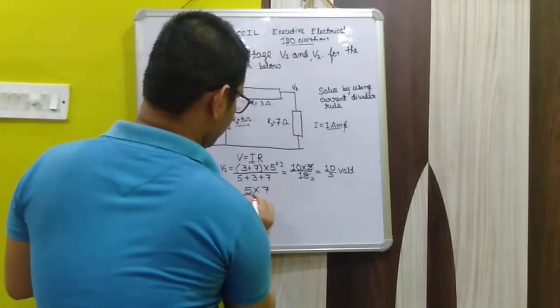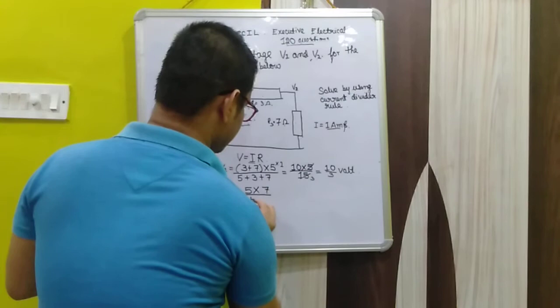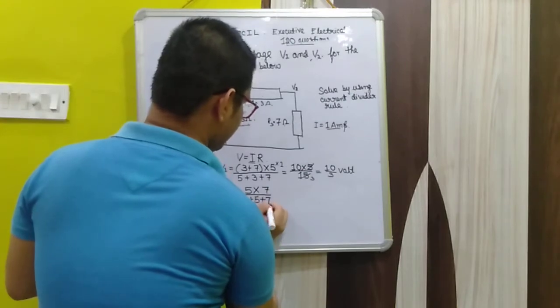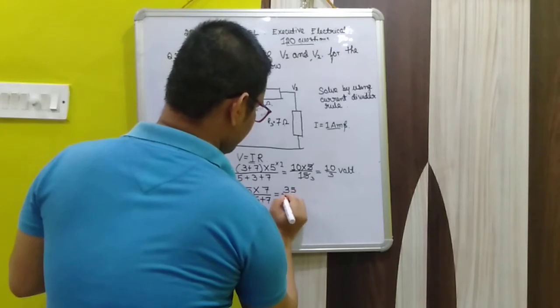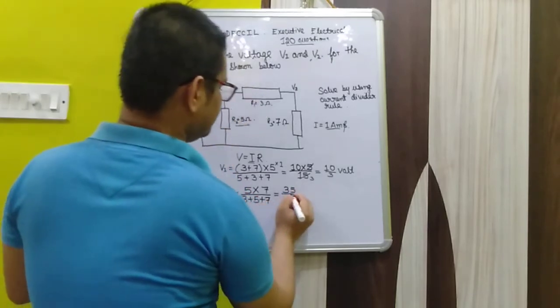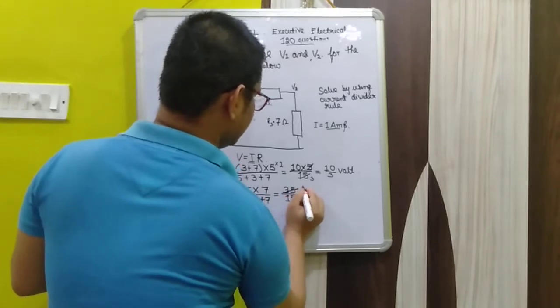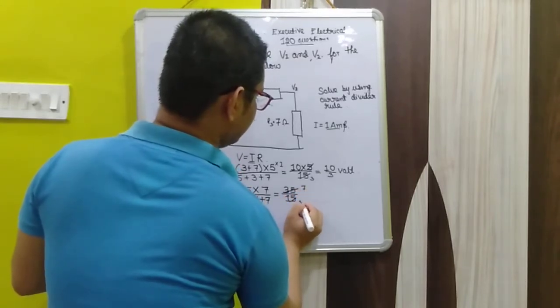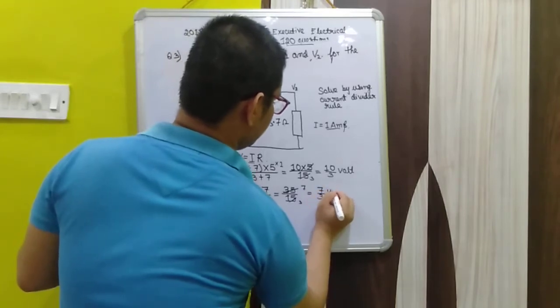Now we do the summation of all the resistance here, that is 3 plus 5 plus 7. So what will be the answer? It's 35 by 15, that is 7 by 3. So this is the answer, 7 by 3 volt.